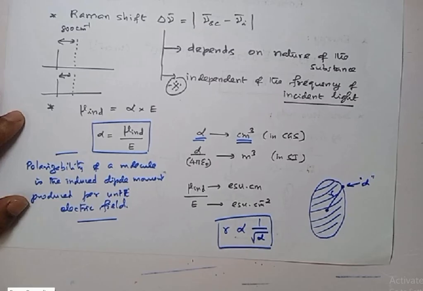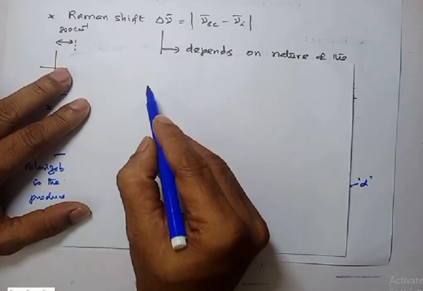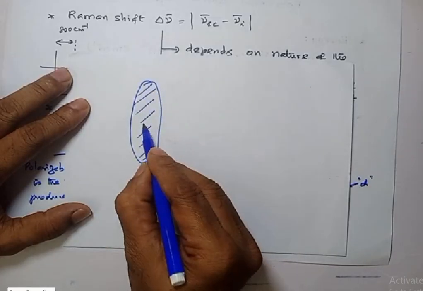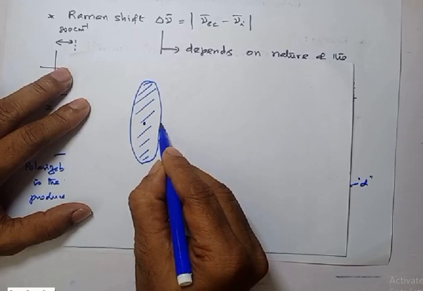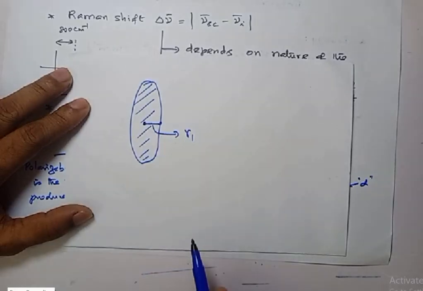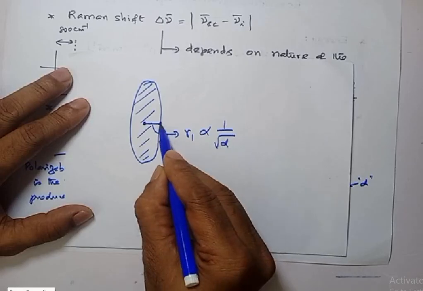Let me use a different paper to show you the meaning of the polarizability ellipsoid. This is very simple actually. Suppose I have a polarizability ellipsoid like this. From the center point, you take a point here and draw a line. Say I take this length as R1. R1 is inversely proportional to the square root of alpha at this point.